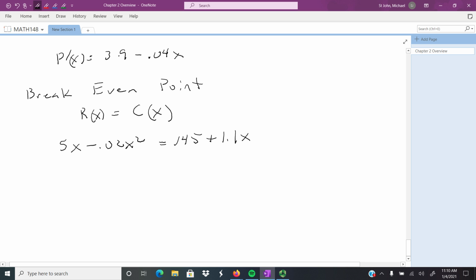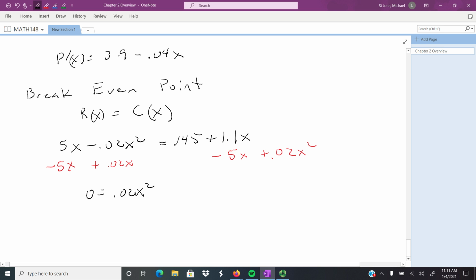It is a quadratic, and so we want to set that equal to 0. So I'm going to subtract the 5x and add the 0.02x squared.